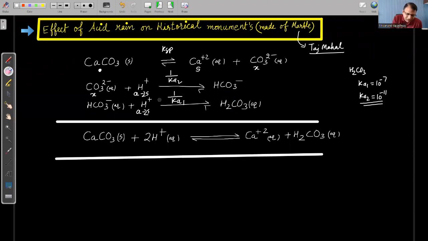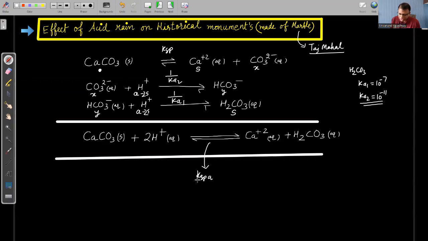So this will be S, this will be S, and equilibrium will establish from the backward direction. So S minus Y, this will be A minus 2S plus Y, and this will be Y. So Y and Y, right? This is the concentration of different chemical species at the equilibrium state. If I add all these three reactions, the equilibrium constant for this net reaction is equal to Ksp times Ka1 upon Ka2.